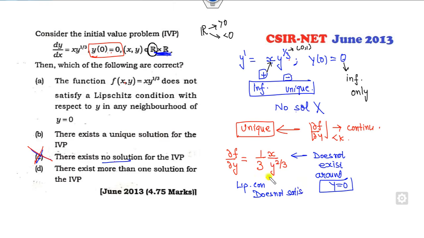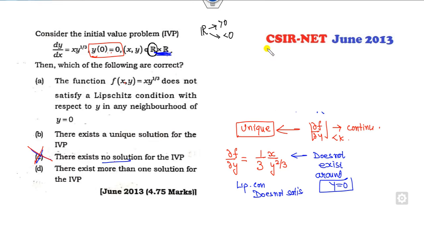Fine. So what does it mean? If the Lipschitz condition is not satisfied, then either no solution or infinitely many solutions, so a unique solution does not exist. But we already saw that no solution will not happen, because this is either a positive or negative solution.